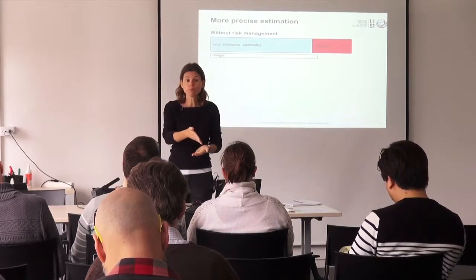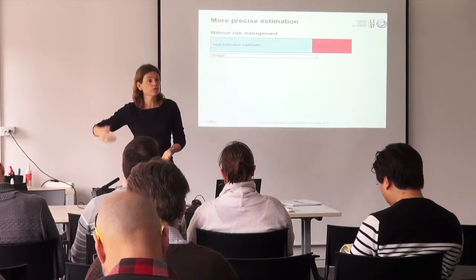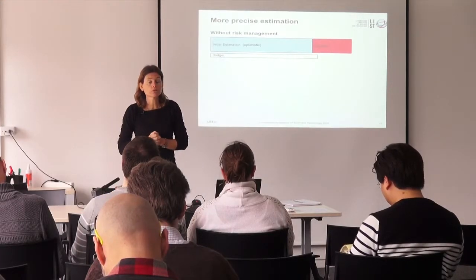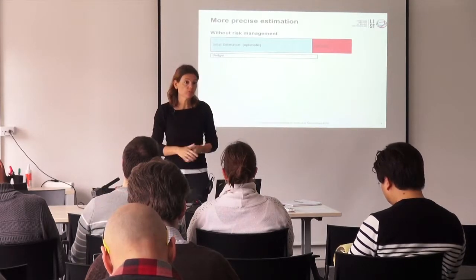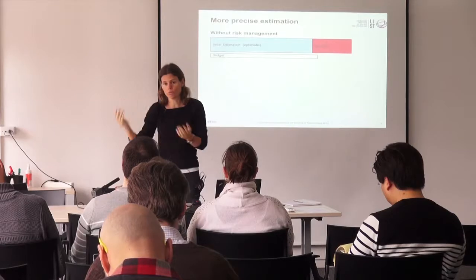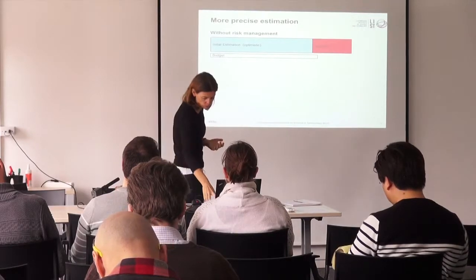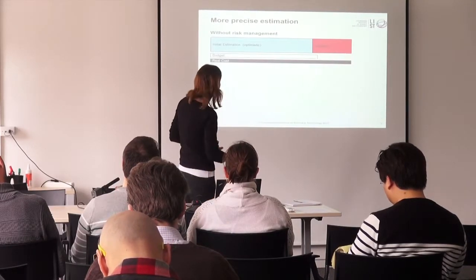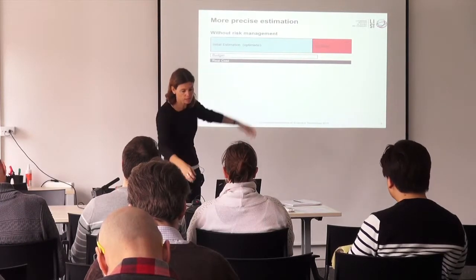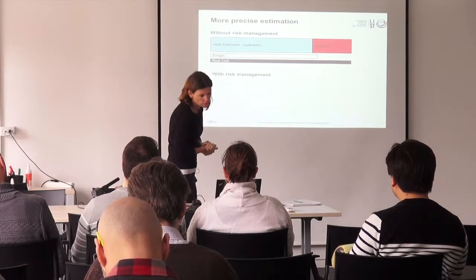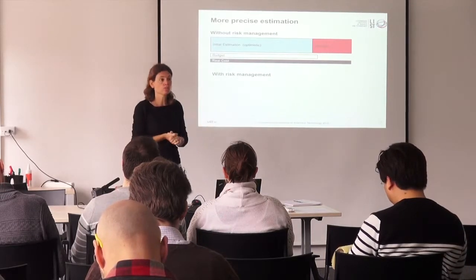You still have to pay that person, but then you need to hire a replacement, or you have to buy new machines because that one has broken down or whatever. So you have extra costs. And so the real cost of the project is that estimation plus the extra cost. So that's when you don't do any risk management.